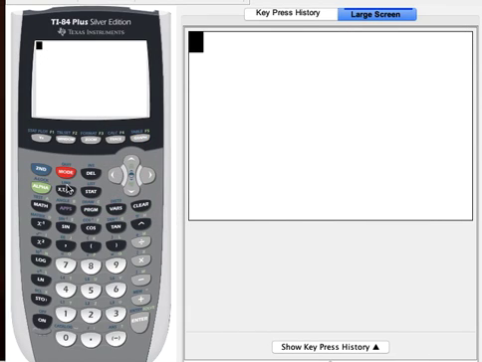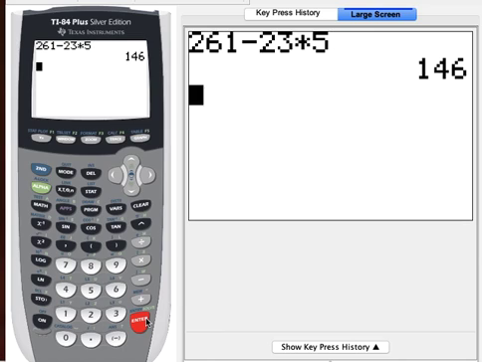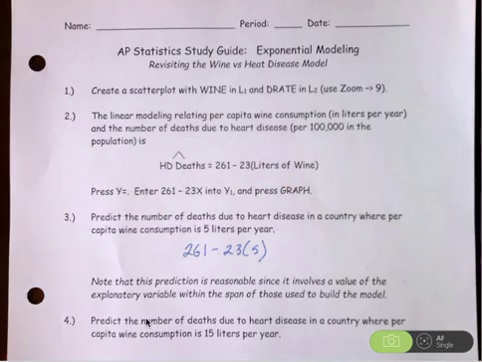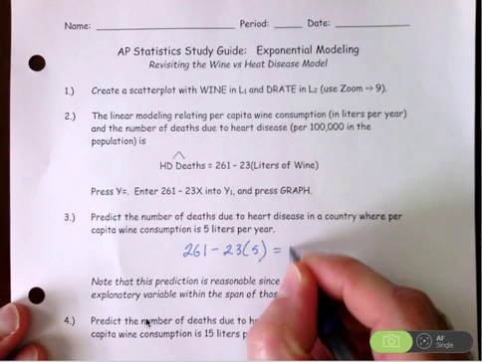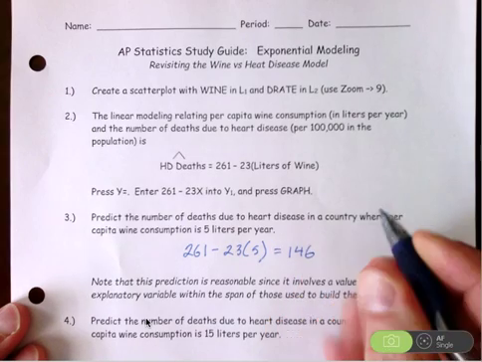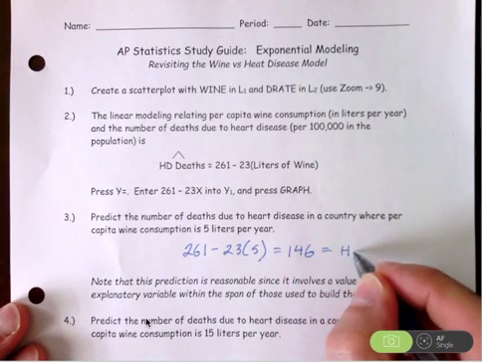Go to the home screen. Here we go. We would predict 146 deaths per 100,000 in the population due to heart disease. So that's our prediction. That's our heart disease deaths.